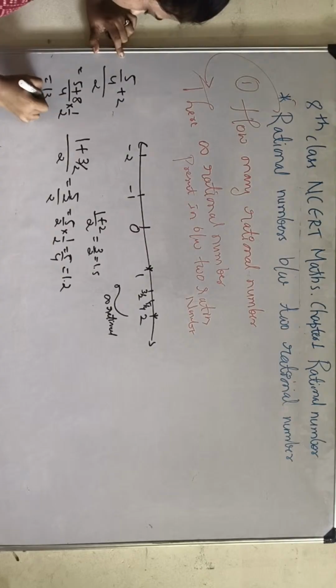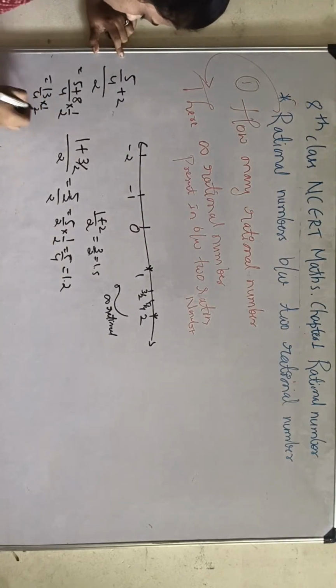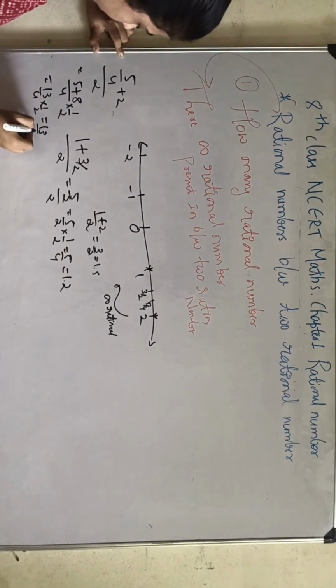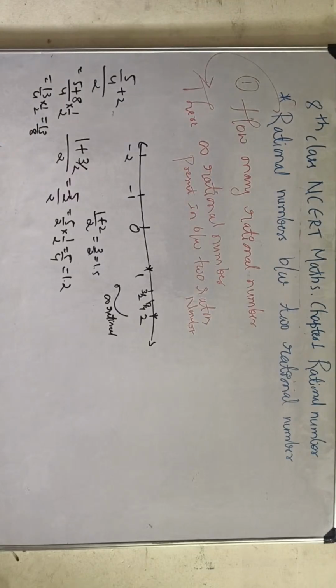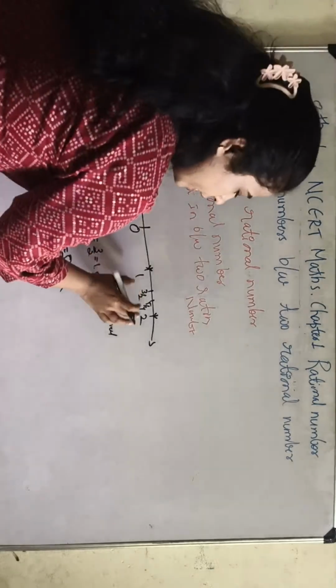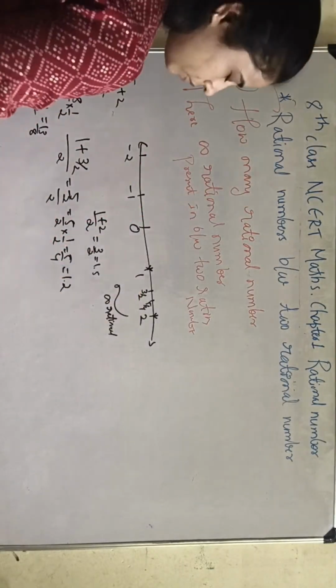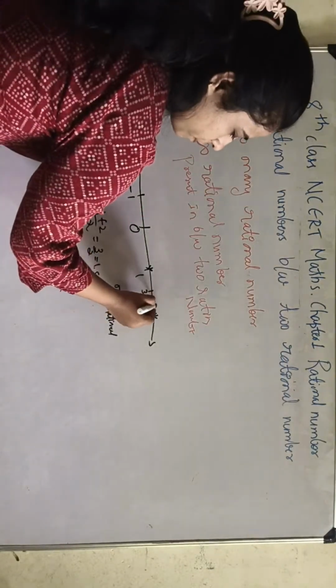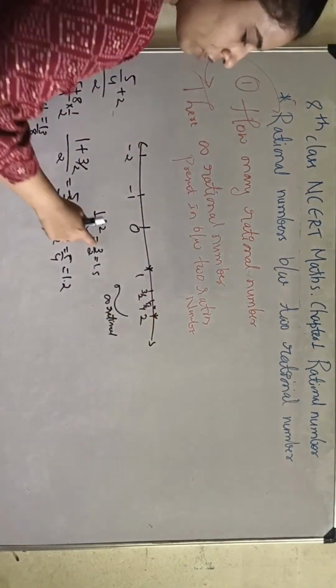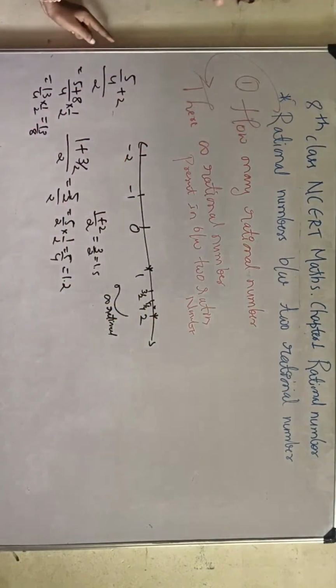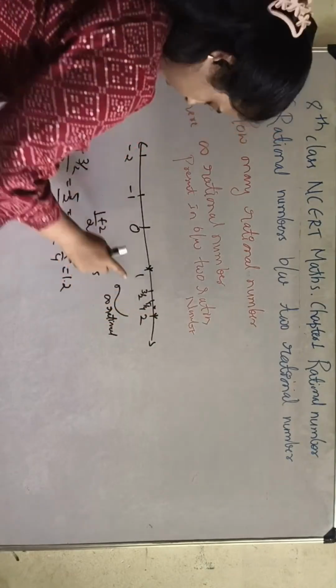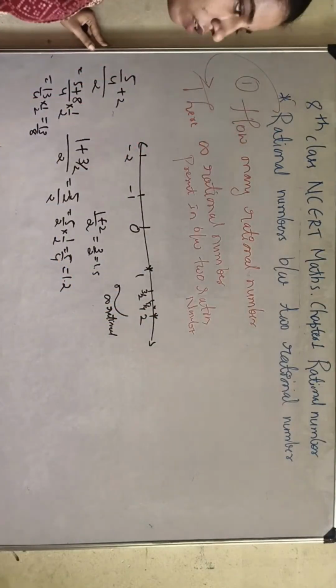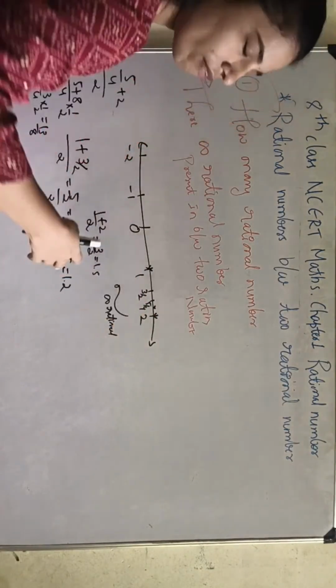It is 13 by 4 into 1 by 2, which is nothing but 13 upon 8, right? Again 13 upon 8 lies between 1 and 2 only. 13 by 8 is somewhere here. Then you can take the average of 13 by 8 and 3 by 2, or the average of 5 by 4 and 13 by 8.